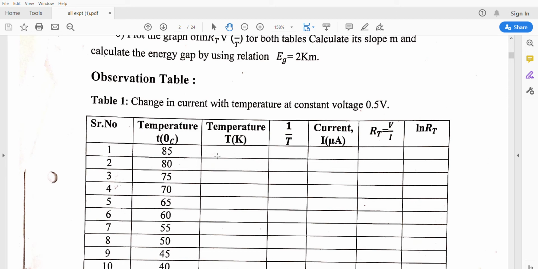For 85 degrees centigrade we note down the current I1, for 80 degrees centigrade I2, I3, I4, I5 like that, and R_T.